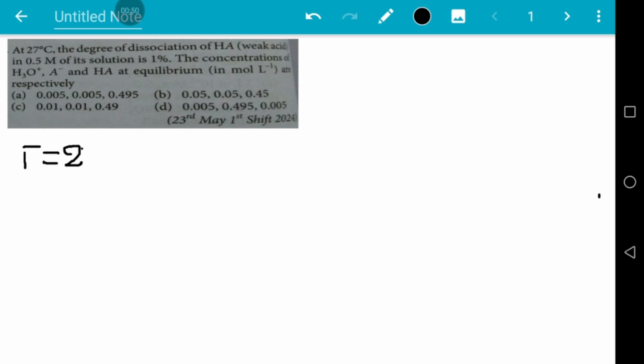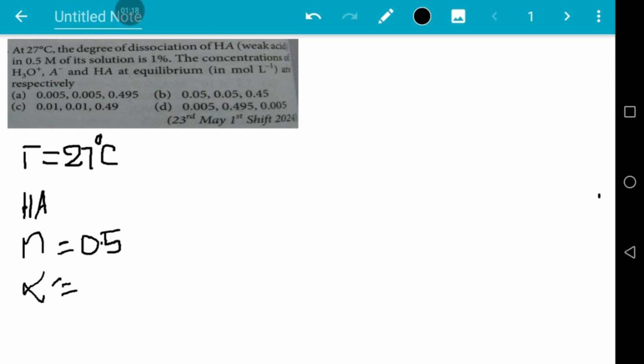The acid is a weak acid, HA. The molarity is 0.5. The degree of dissociation is represented by alpha.